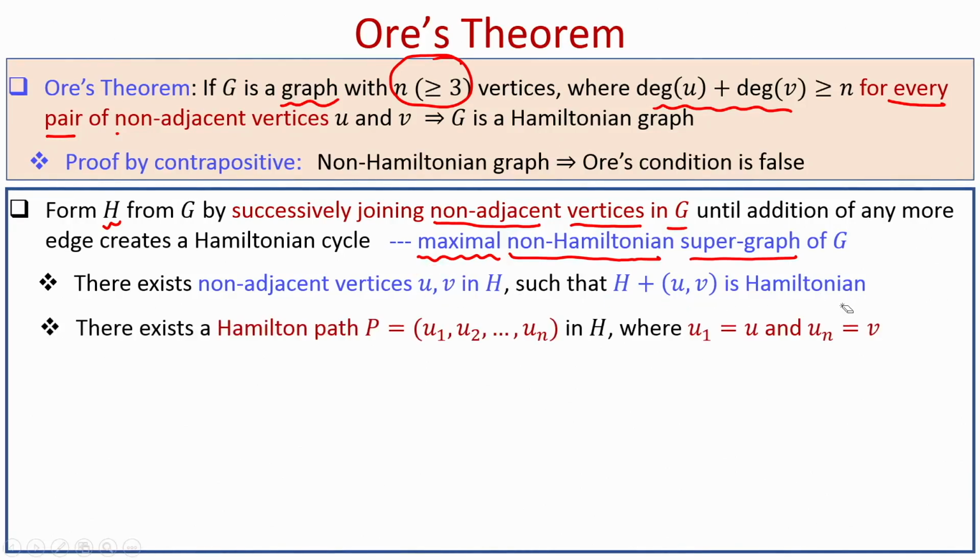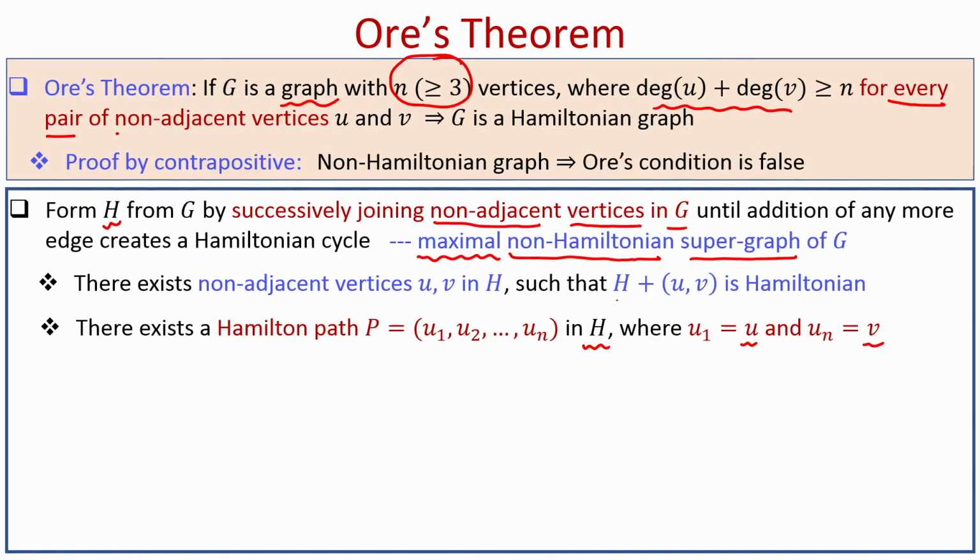So, since I have now identified my nodes u and v which are the critical vertices, what I can now say is the following. I can say that in my supergraph H, I do have a Hamiltonian path. That Hamiltonian path will start with the node u and it will end with the vertex v, and it will cover all the vertices of the graph. Why is it a Hamiltonian path?